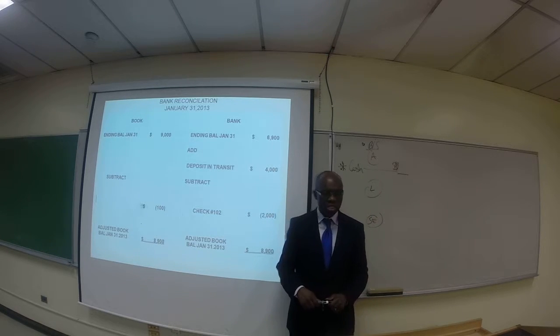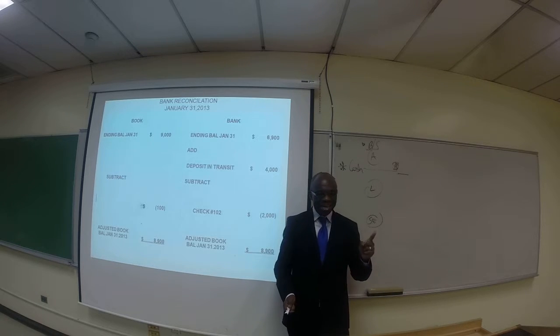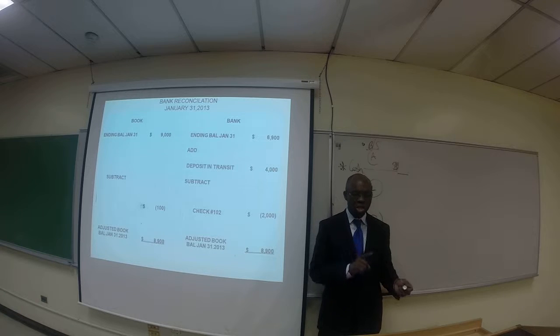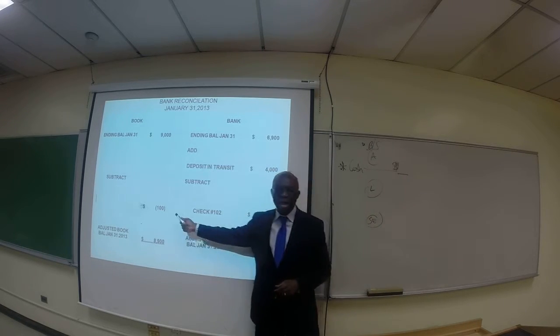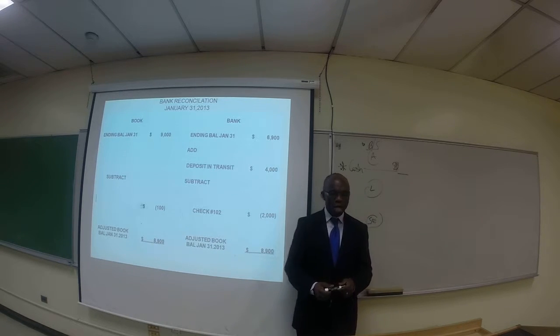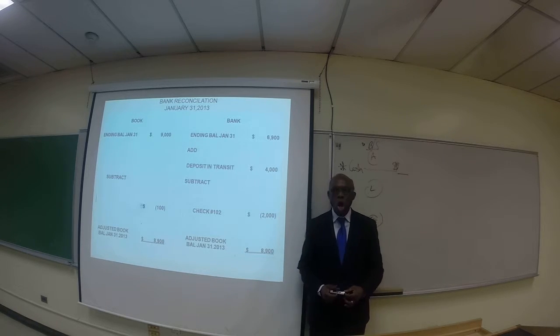Now, in contrast, let's take a look at the minus side. The bank clearly subtracted $100 in bank service charges in their record, but we have not. So we need to back out the $100 from our balance. So when we do that, our ending balance of 9,000 is now 8,900.